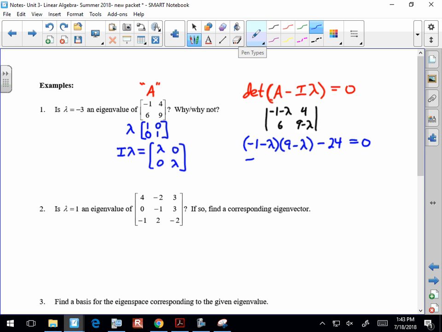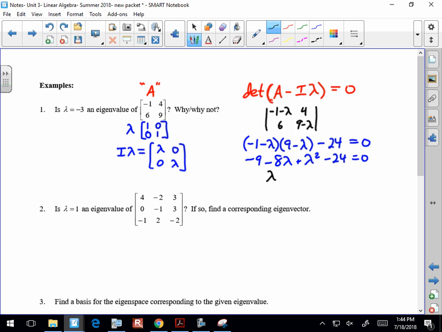Distribute. What do we got there? -8 lambda. I think so.